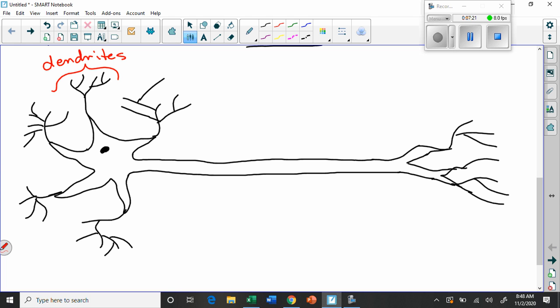They're the incoming links to the cell from another neuron. Because the nervous system is made up of chains of these neurons, all connected to each other in a certain way, as we'll see. And this is where the incoming neuron would attach to this one.